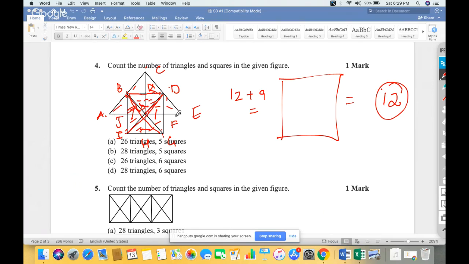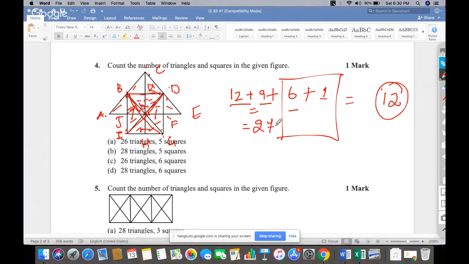The sixth is COE. So 6 components from another place. So 12 plus 9 is 21, 21 plus 6 is 27, and one bigger triangle, which is ACE. So you get 27 plus 1, 28 triangles.